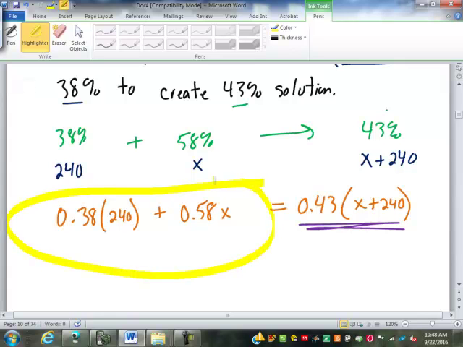Doesn't matter what order, whether you put the 0.38 or the 0.58 first. My mind's just kind of linear, compulsive, so I always put the smaller number first, but it really doesn't matter. So then for each of the ingredients you list its percent converted as a decimal, and then you list the mass, weight, or volume of what you're combining.